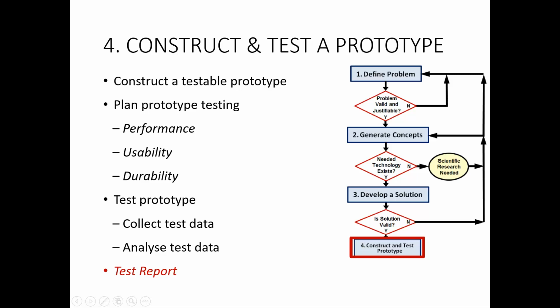So the next stage is constructing and testing a prototype. Now what is a prototype and how is it different from a model? A model, you might have heard of the term model, a working model, still model, etc. A model actually represents the product and it is actually used for demonstration or academic purposes, just for study purposes.